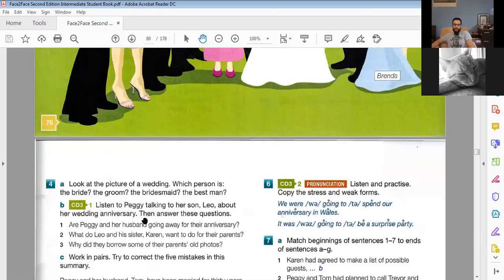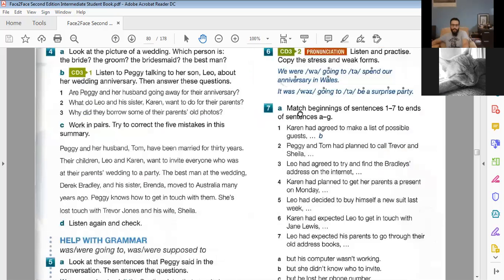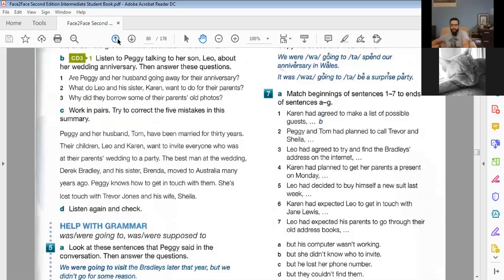It says here, listen to Peggy talking to her son, Leo, about her wedding anniversary. All right. And then answer these questions. Okay, let's take a look at these questions. Can you read the three questions, Ibrahim? Because we're going to answer them from the listening track now. Are Peggy and her husband going away for their anniversary?